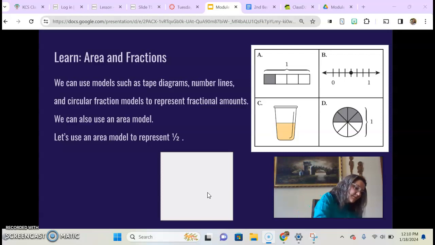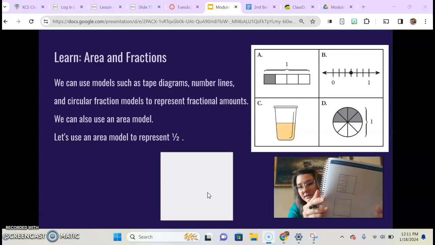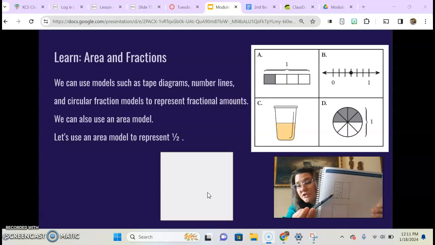So while you're thinking about that, I'm going to draw my model here. If I had an area model, I would partition or break apart the area into 2 equal pieces.